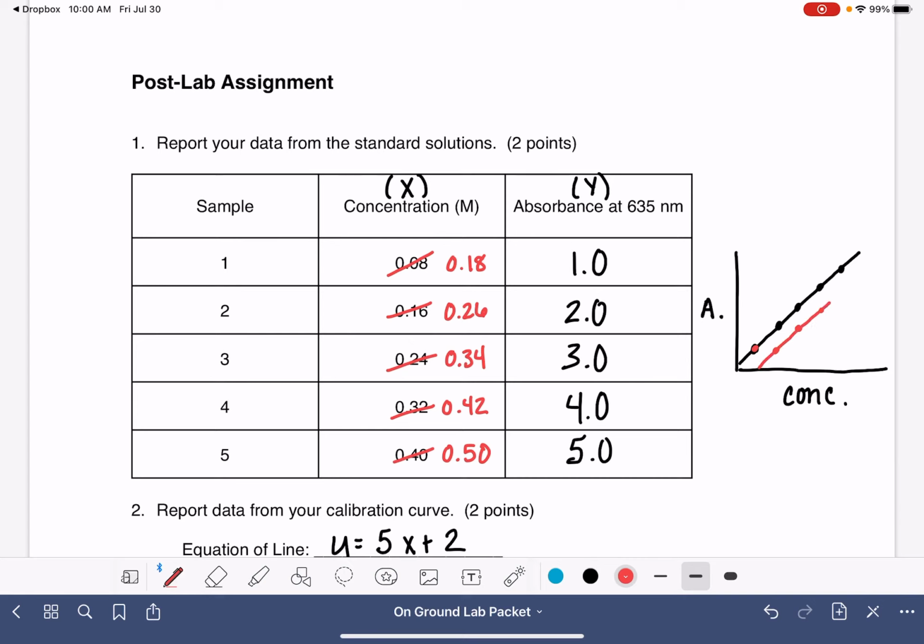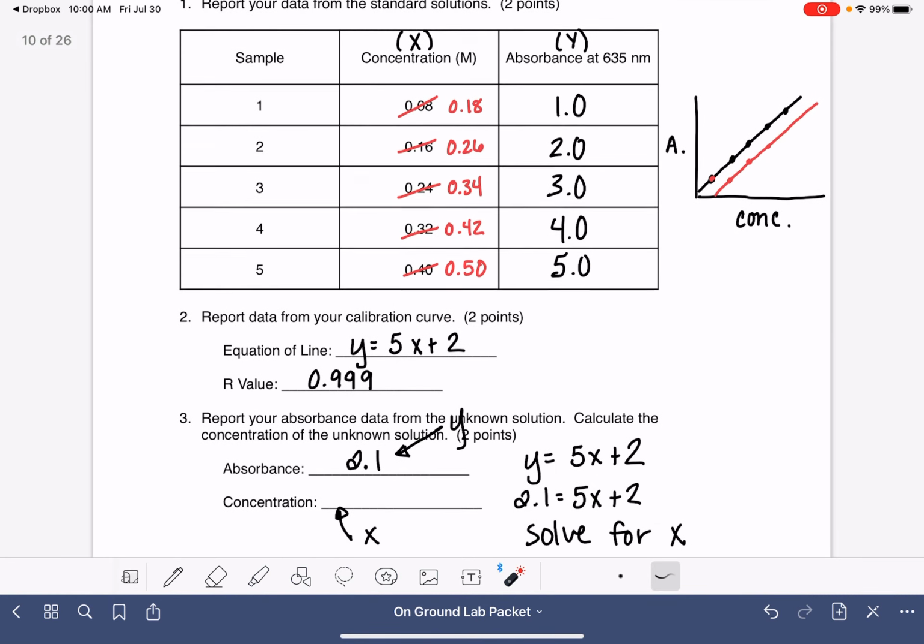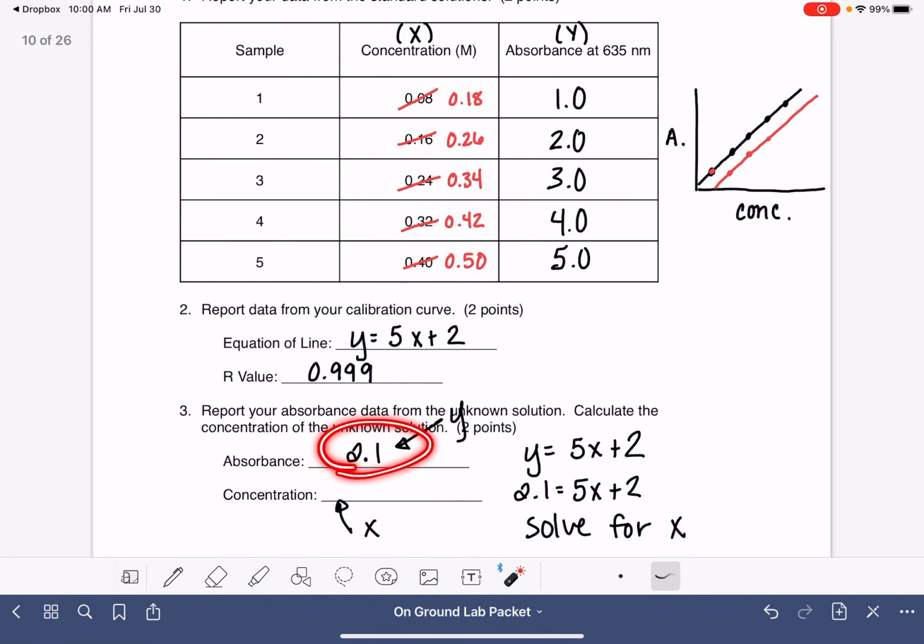So our true, real line that we didn't know about would actually be right here. And so the calibration curve that you got would be based off of this graph, but when you went to plug in your absorbance for your unknown solution, you read your concentration off of the black line, which would give you a concentration right here.